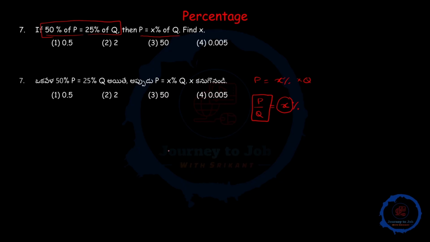Given 50% of P is equal to 25% of Q. So percentage cancel, 25 1 ja, 25 2 ja. So 2P is equal to Q. Now P by Q is equal to 1 by 2. So X is 50%. So 50% is the answer.